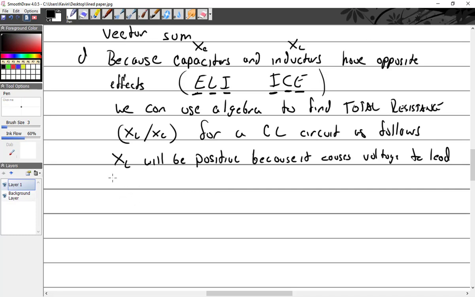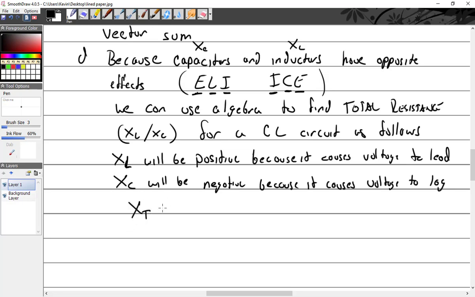And then capacitance, or X of C, will be negative because it causes voltage to lag. Causes voltage to lag. So the formula then becomes X total.